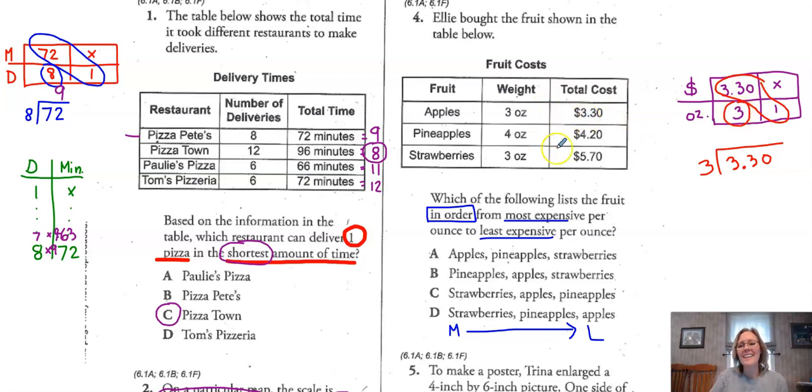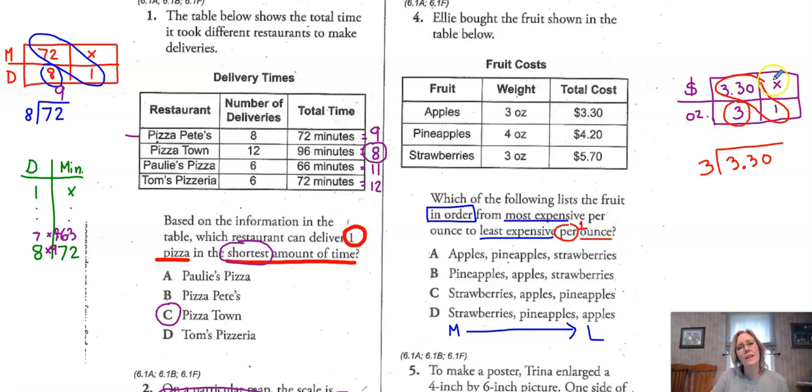Well, I can't compare all of these. If all of these had been 3 ounces, this would have been easy to do, but only 2 of them were 3 ounces. So I have to know what the cost per ounce is before I can compare to see which one is most expensive to least expensive per 1 ounce. And that's what this per is telling us. Per ounce, for 1 ounce.